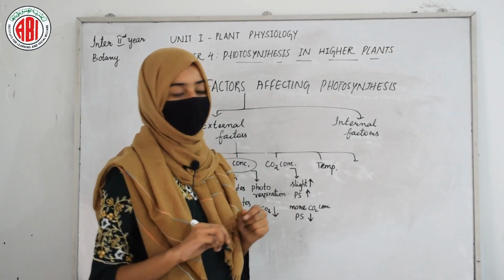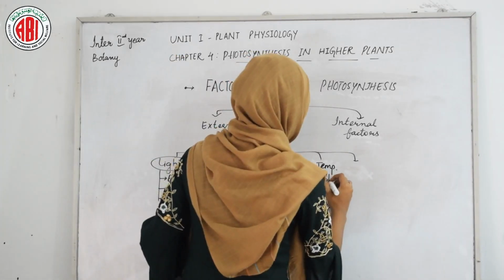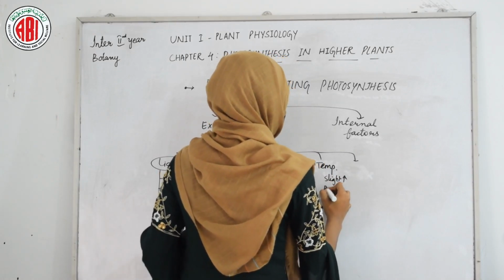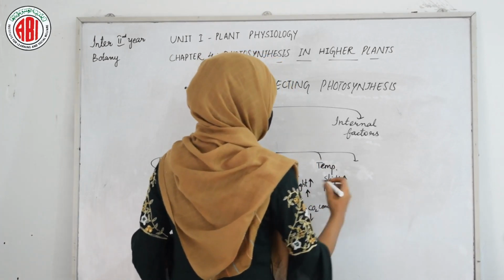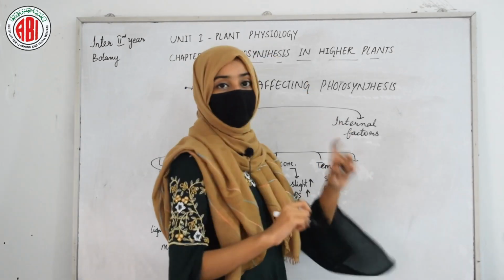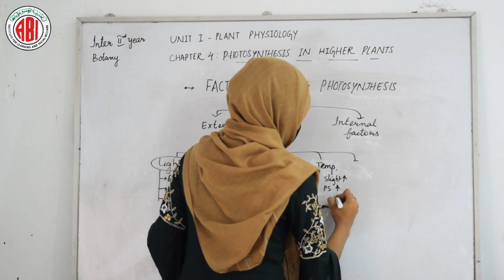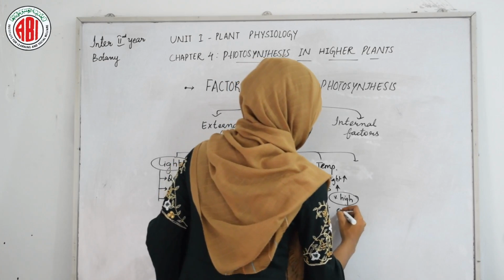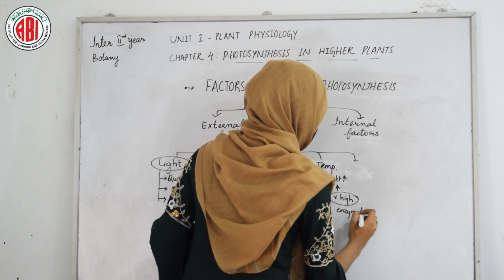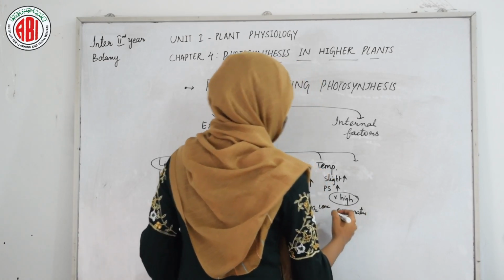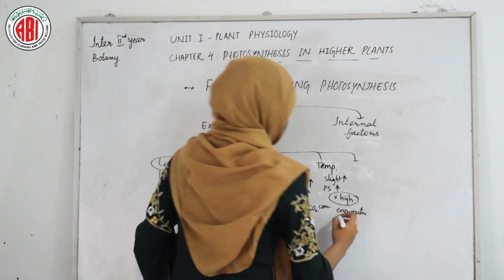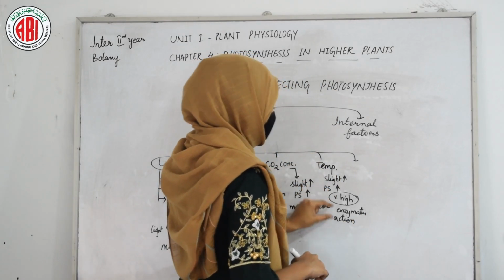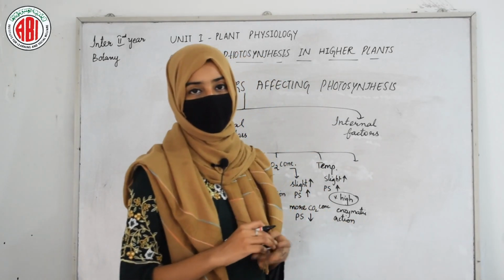A slight increase in temperature will increase the rate of photosynthesis, but if the temperature is very high, then the enzymatic actions would get affected, which results in preventing the rate of photosynthesis.